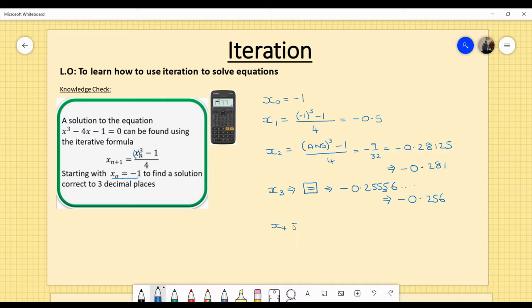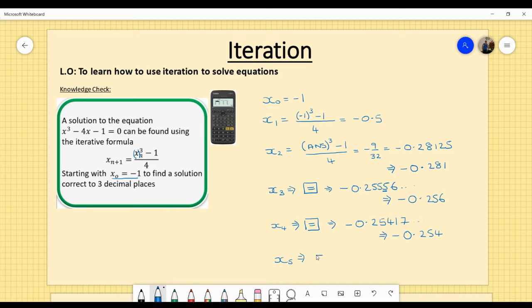So the fourth one, again, you can just carefully hit your equals button, and that will give you a solution of -0.25417. Round this one to 3 decimal places, -0.254. Okay, we still haven't got 2 answers that are the same, so we're going to go again for the 5th one.